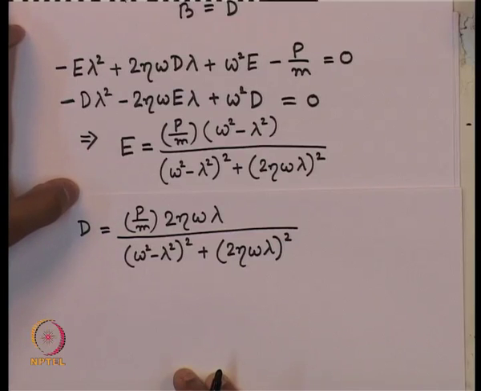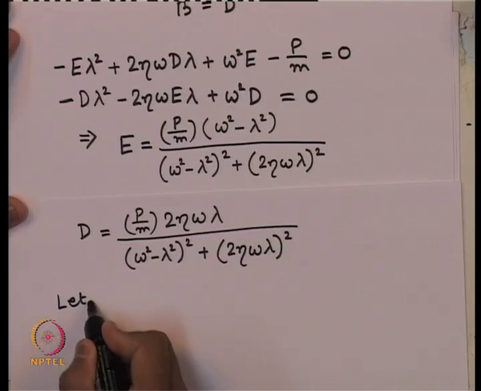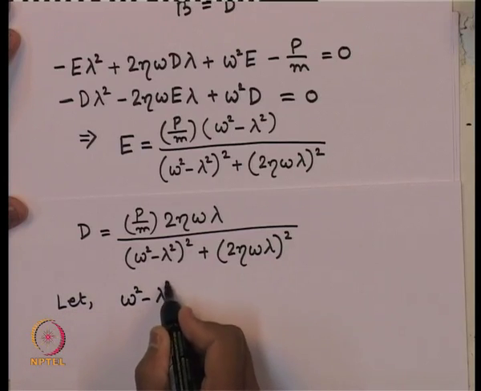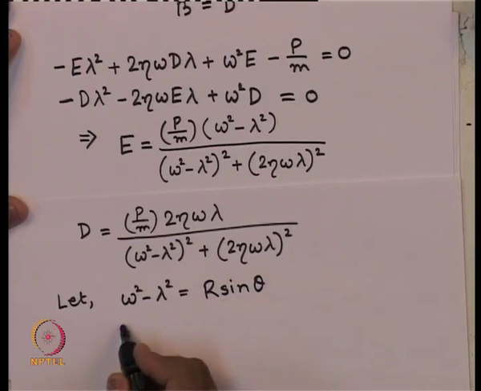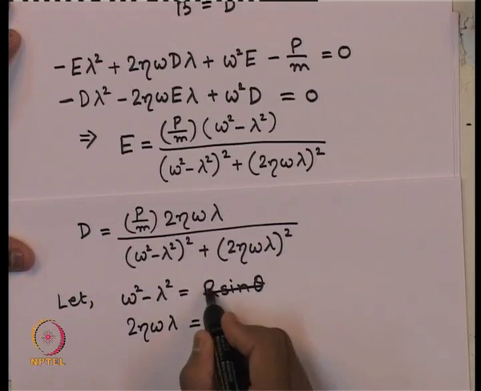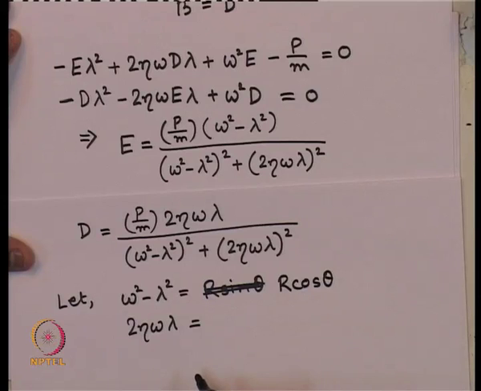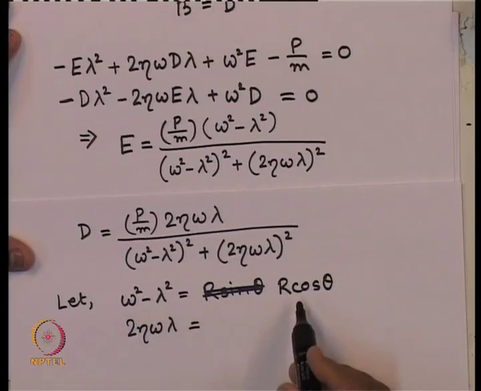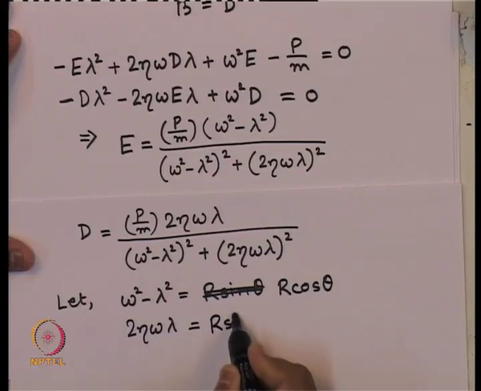So, by knowing these two, we know what is the particular integral solution. Now, we know x p of t. Now, let us simplify this term a little bit. So, let us assume that omega square minus lambda square is r cosine theta, and this term 2 eta omega lambda as r sin theta.